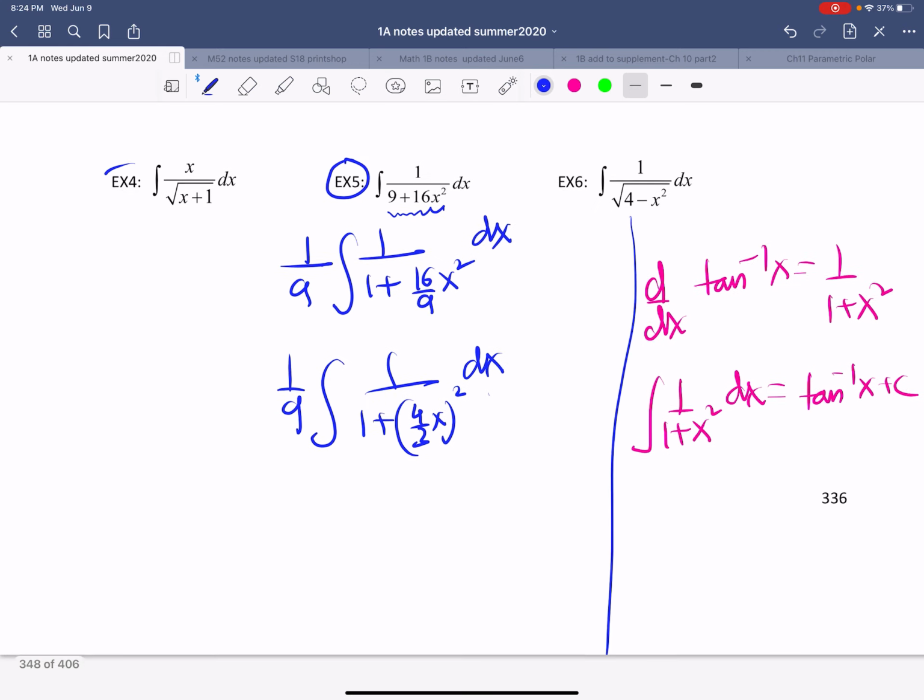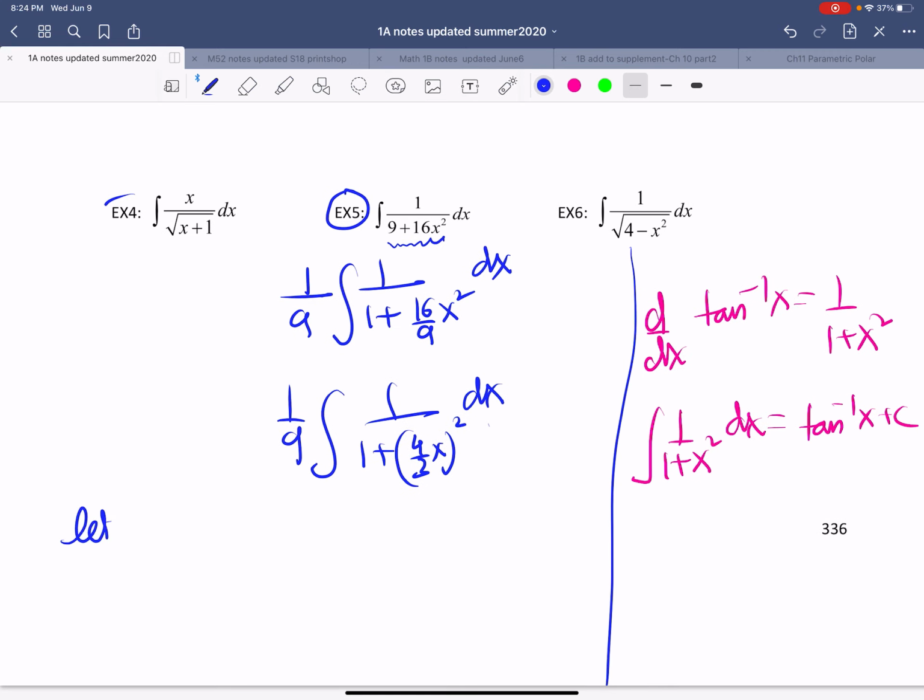So I'm going to let u be 4/3 x, and then du over dx will be 4 over 3. Or we can say du is 4 over 3 dx. Or dx is, let's isolate dx over here, dx is going to be 3/4 du.